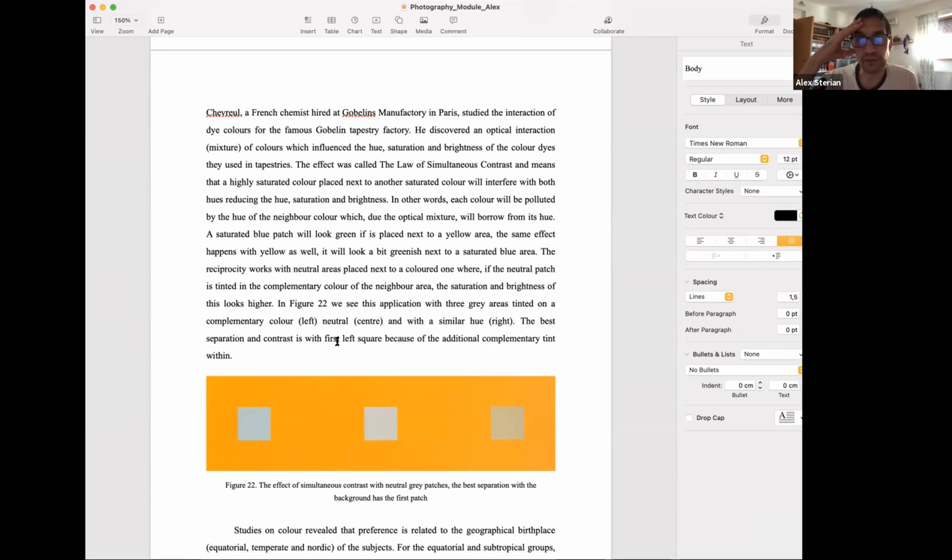He discovered the law of simultaneous contrast, which means that if you put two saturated colors side by side, the eye adjusts the hue, the saturation, and the brightness of this area according to the proportions and the space of the colors seen.